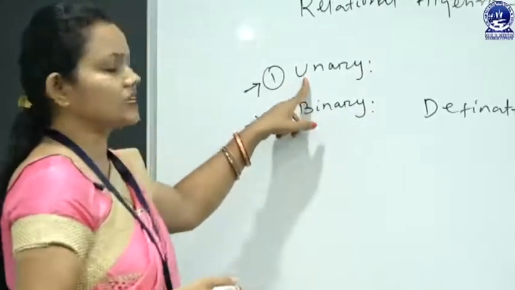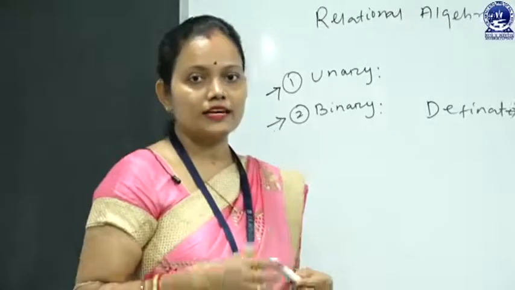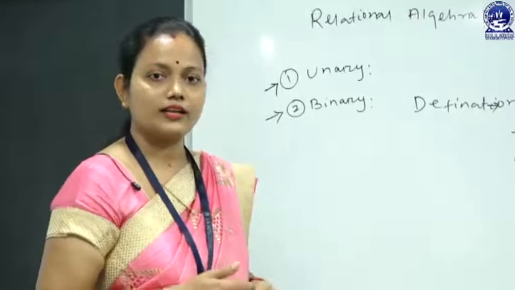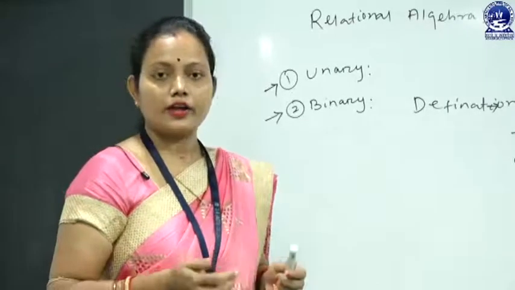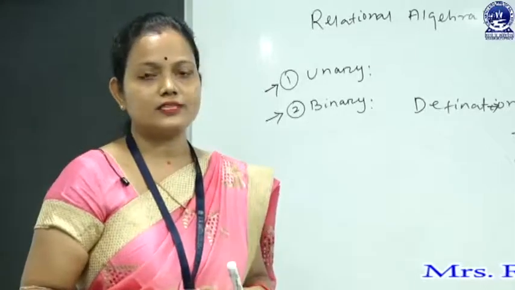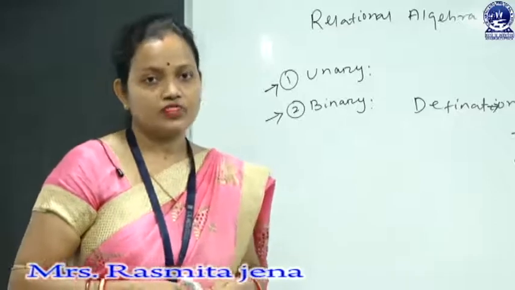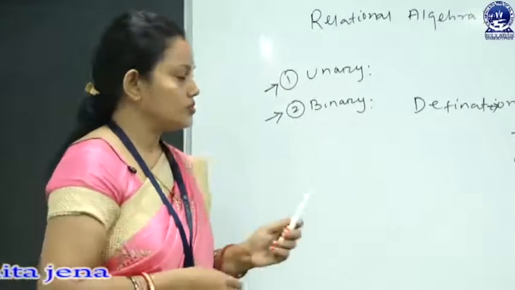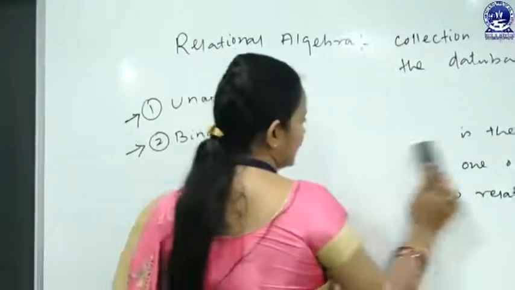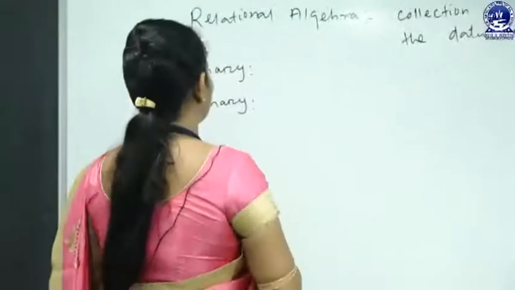So, unary means, when one relation participates in the relational algebra operation, then those operations are called unary relational algebra operations. When two relations participate in a relational algebra operation, then that is called binary relational algebra. So, we defined what is unary and what is binary relational algebra.